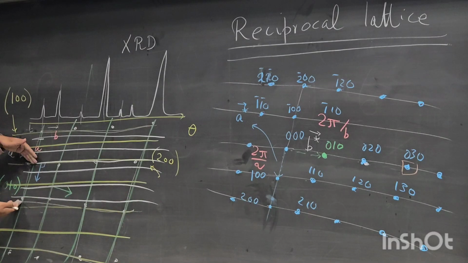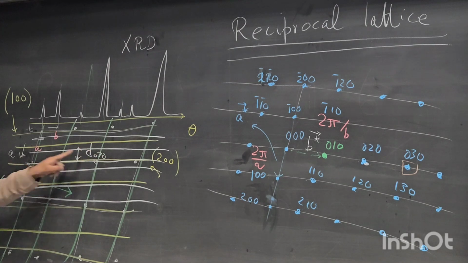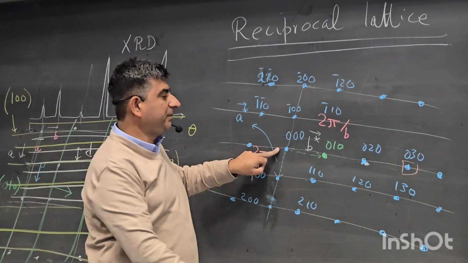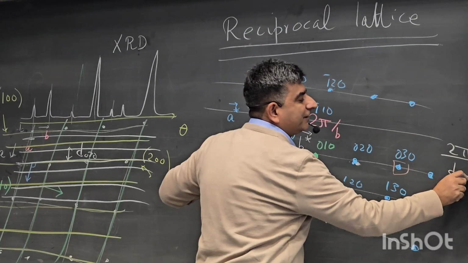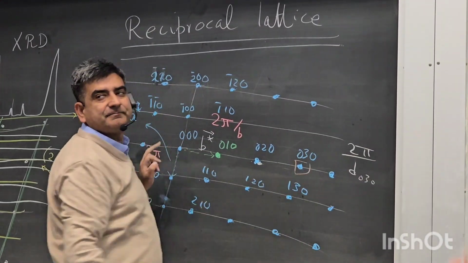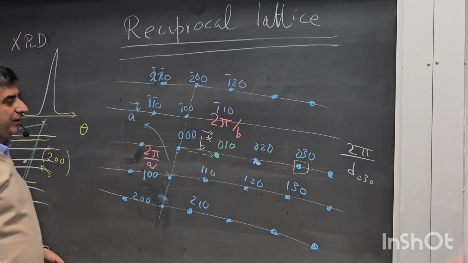So I divide each unit cell along A into 3, bifurcate this into 3 parts. And these planes will have a certain distance, which is B030, and this point here will be 2 pi over B030 units away from, right? Oh sorry, actually it's this point.